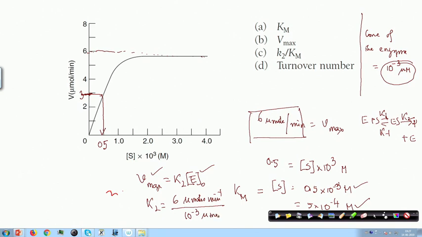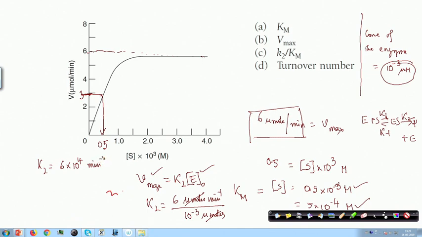Better write these units, so that you know that you are using the same units for the concentration. So, here this is micromoles, so that crosses out. So, ultimately K2 becomes equal to 6 into 10 to the power 4 minute inverse.